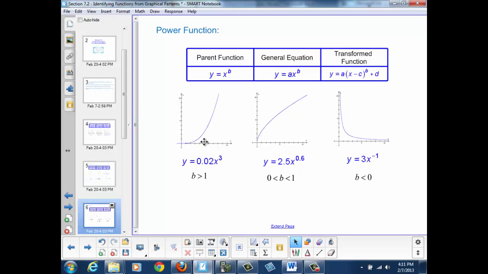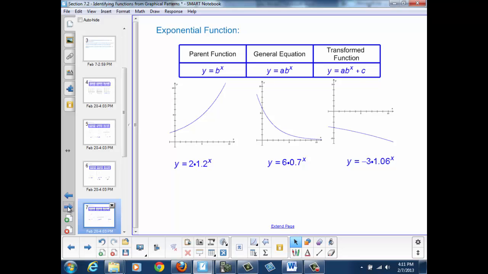Power functions, the distance it takes to stop as a function of our velocity, or how much our volume changes as we increase a dimension. The exponential function could model an exponential decay situation with a radioactive isotope.